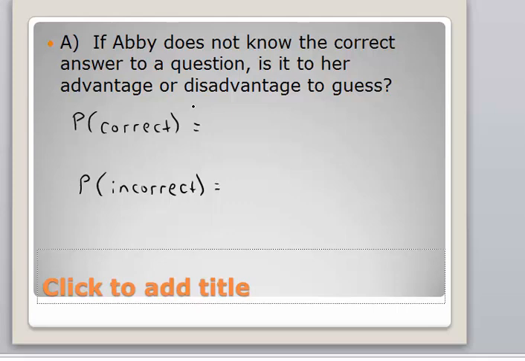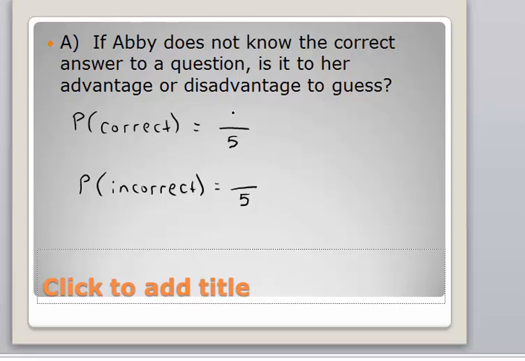Let's look at the probability for each possible outcome. We know that there are 5 possible answers for each question. Therefore, when we calculate our probabilities, both probabilities are out of 5. We know that of those 5 choices, only 1 answer is correct.